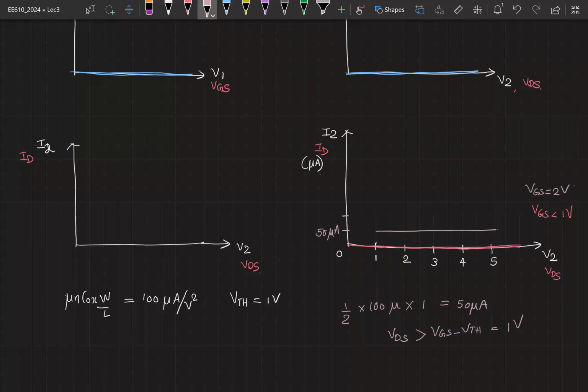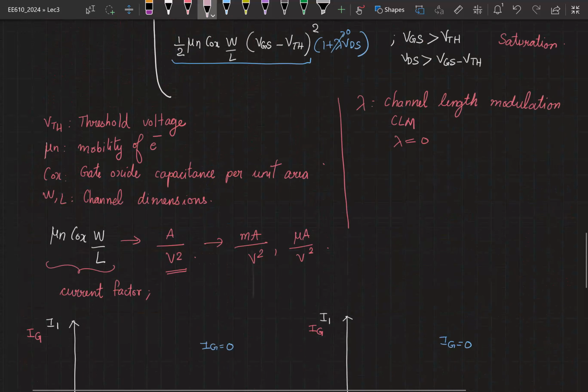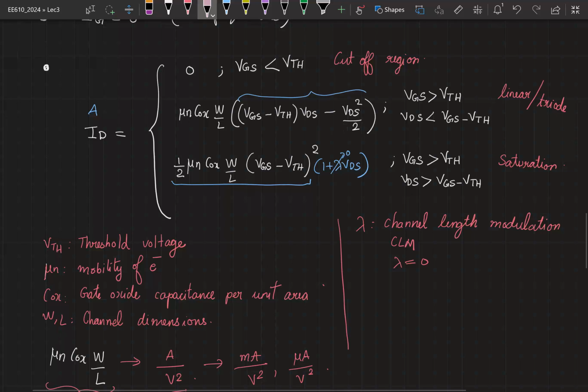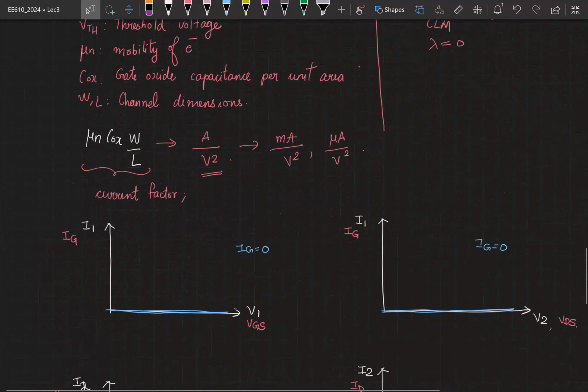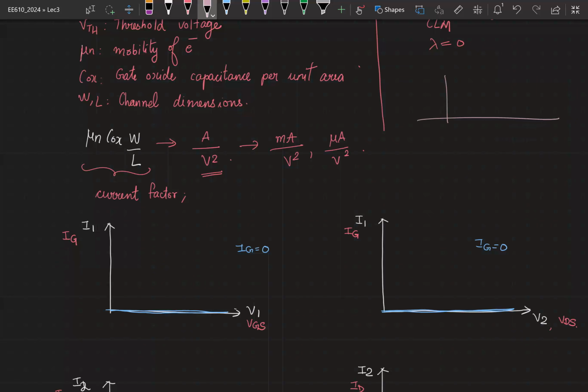And how does the relationship look till then? The equation for that is this. Is this a linear equation? It's a parabolic equation, right? So that equation corresponds to a parabola like this. And it turns out the linear region is valid till this point. Beyond this, the saturation region takes over.